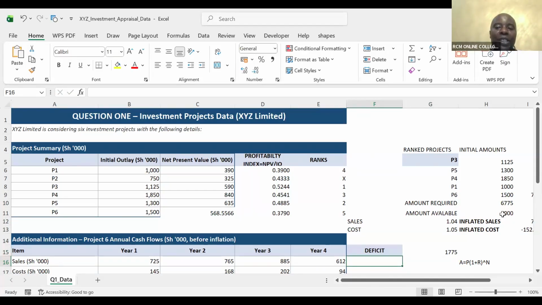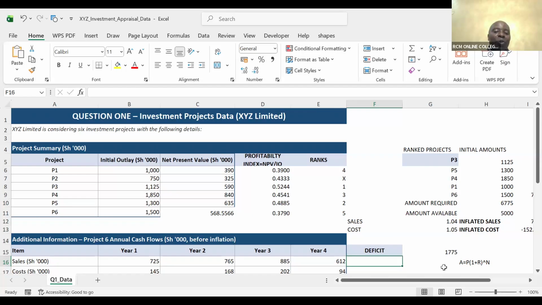So meaning that this 1775 has to be acquired. This is what we're returning to the back of the shelves. And as we return these products back to the shelf, we can't start by returning the first ranked product. No, I start by returning the very last ranked product.